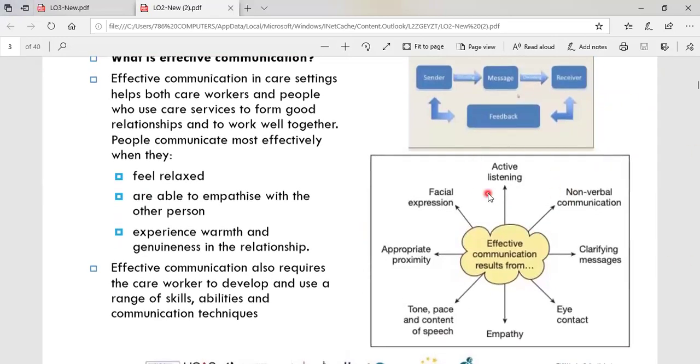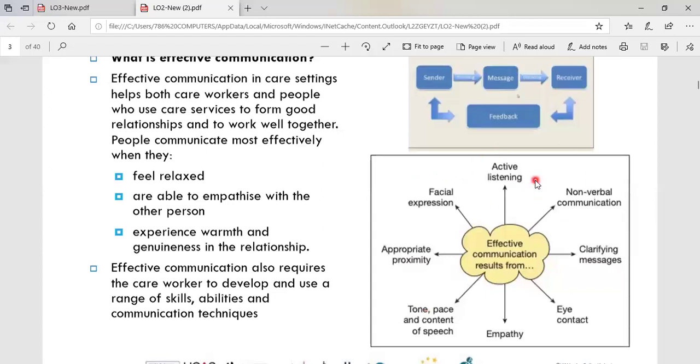So there's active listening, and there are verbal and non-verbal communications. Non-verbal communications include our gesture, our eye contact, the way we are seated whilst we're listening to the patient or the care service user, and the proximity that we have, whether it is appropriate or not, and our facial expressions.